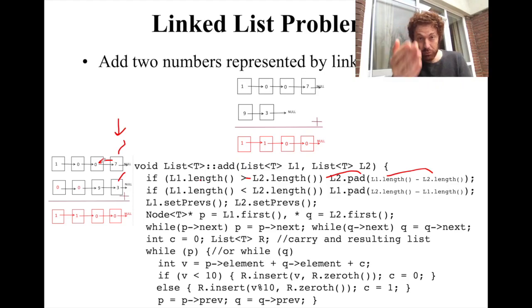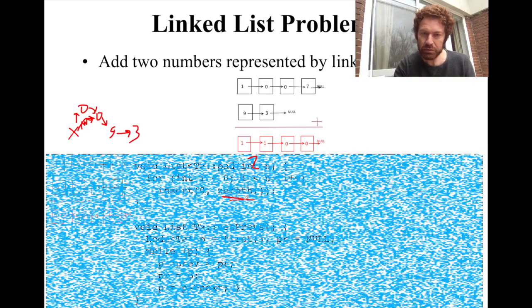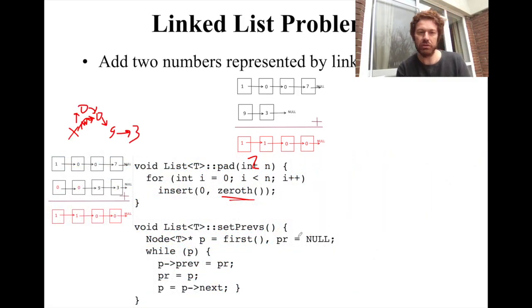Okay, so I need to convert this to a double linked list. To do that, I need to arrange the previous pointer. So let's do it using the setPrevs function. How do I do it? Start with the first node. PR, previous, is null initially. So first node exists, P.prev is null because PR is that. But now I will advance it.